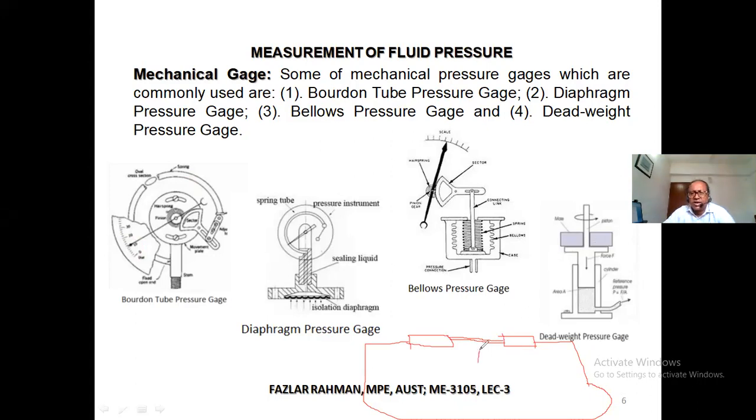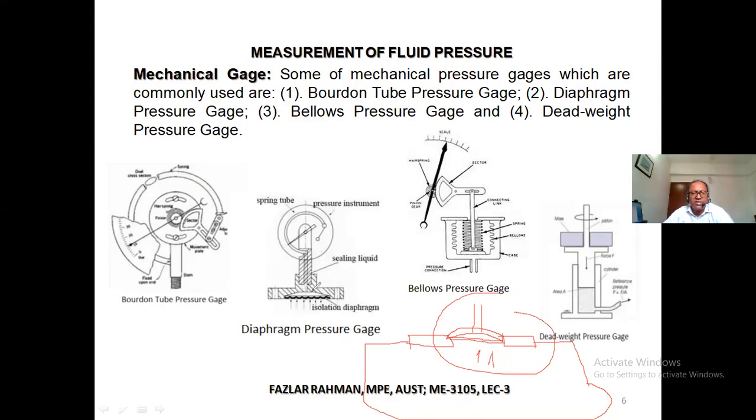So due to the pressure, what will happen? This will bend a little bit, right? Now, if you attach something to this one, then it will try to move. So by this principle, the gauge is called a diaphragm pressure gauge.